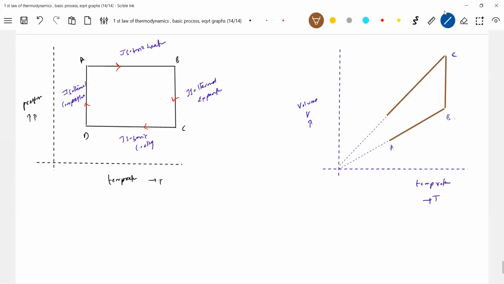Okay, now last one. Sir, is there any method? Okay, one thing I'll do, identify one thing. Temperature at A equal to temperature at B. These are the very essential things.